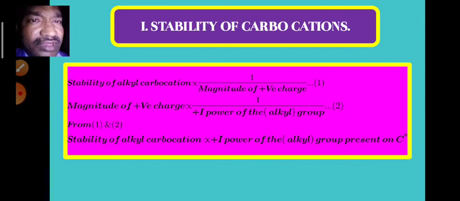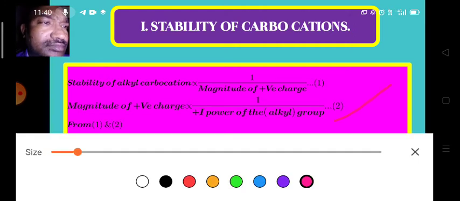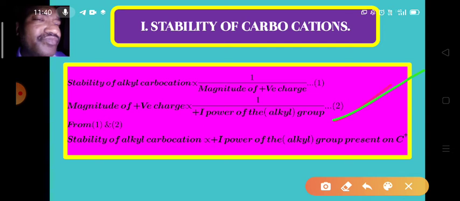And we know very well that the magnitude of the positive charge is inversely related to the plus I power of the alkyl groups.